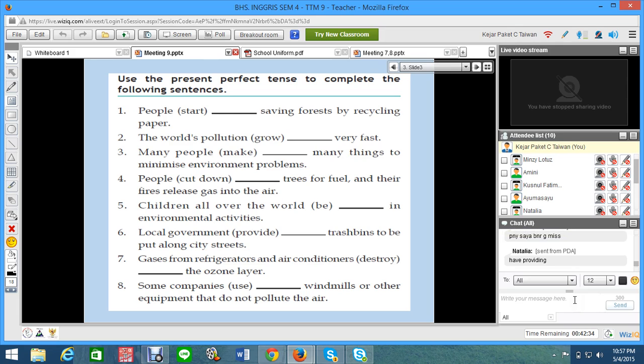Verb 3 dari provide apa? Provide, provided. Verb 2-nya provide tambah d. Itu has provided. Ya, Mbak Santi benar.